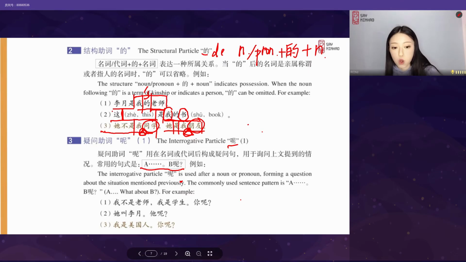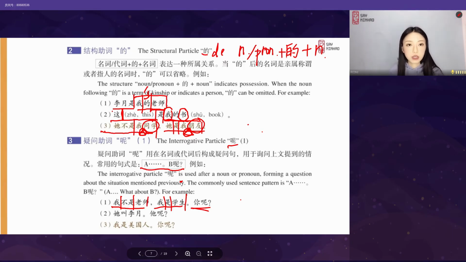First example, 我不是老师，我是学生。你呢？It means I am not a teacher. 我不是老师, teacher. I am a student, 学生, student. 你呢, what about you?